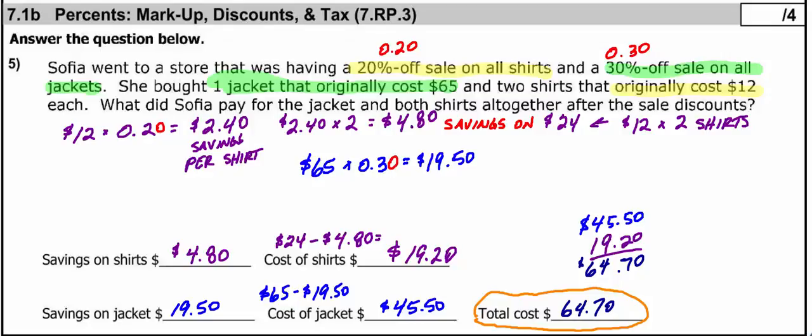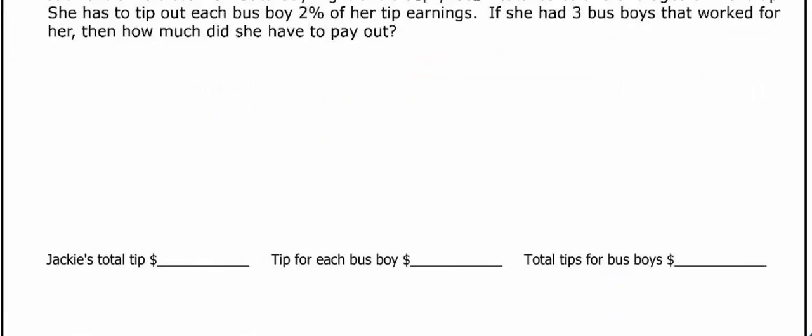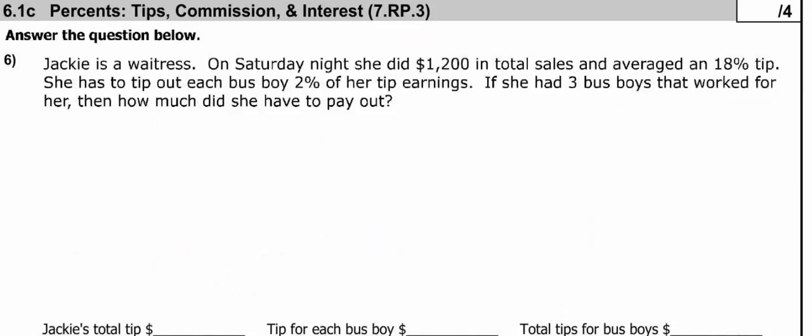All right, on to the last problem. The last problem deals with Jackie. She's a waitress, and like most waiters and waitresses, she earns most of her money with tips. In Jackie's case, on Saturday night, her customers spent $1,200, and of that $1,200, she averaged an 18% tip.